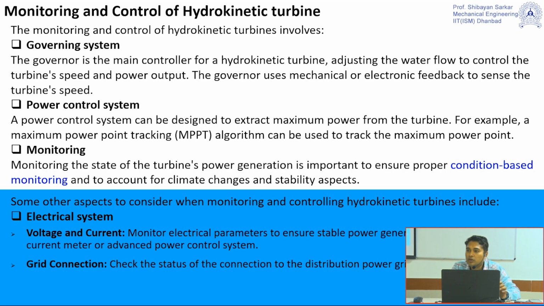Electrical system: you should have some voltage and current measurement, so a voltmeter, a current meter sort of thing. Grid connection: whether the grid connection is working properly or not. A power controlling unit must be installed near your hydrokinetic turbine energy system. And if you are storing your energy in a battery, those monitoring systems must also be there.